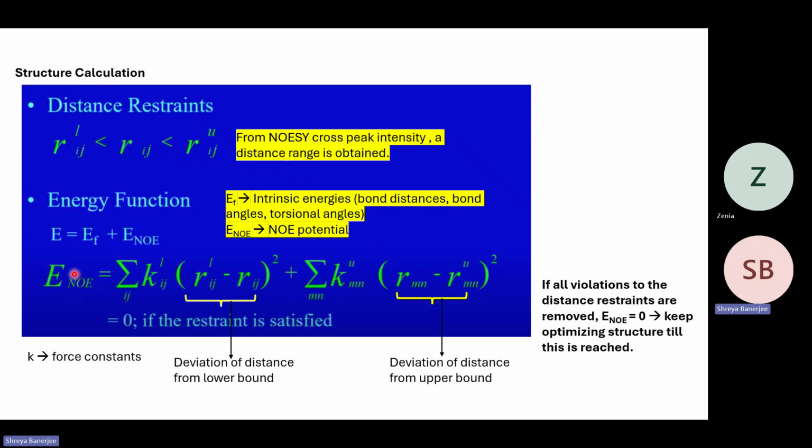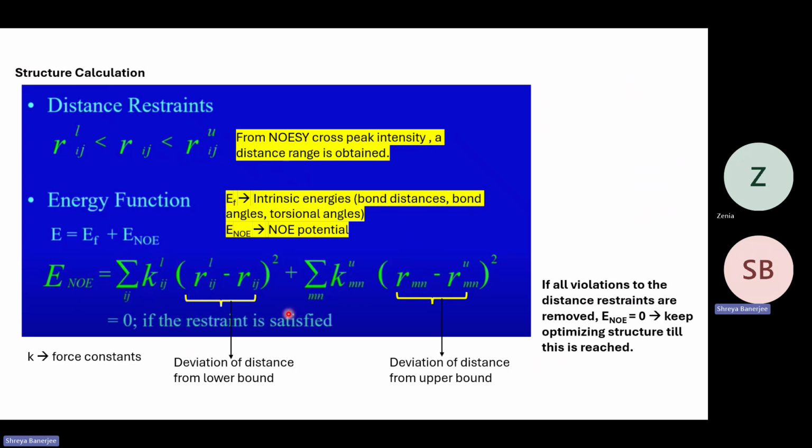The E_NOE can be defined as a summation of a constant times the lower bound R_ij^l minus R_ij, whole squared, plus again a summation of a constant times the distance R_ij minus the upper bound, where u means the upper bound, whole squared. So it is the deviation of the distance from the upper bound squared, multiplied by a constant and summed up over all the protons, and the deviation of the distance from the lower bound squared, multiplied by a constant and summed up over all the protons.